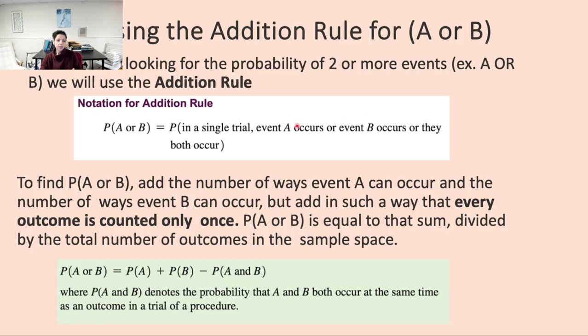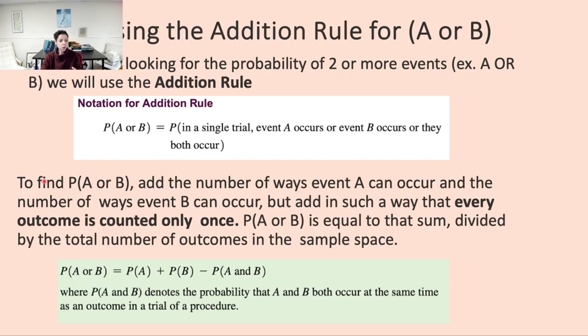So the addition rule is noted as P(A or B), and it is equal to the probability that in a single trial, event A occurs or event B occurs, or they both occur together. Okay? It includes all possibilities. A occurs, or B occurs, or they occur together.